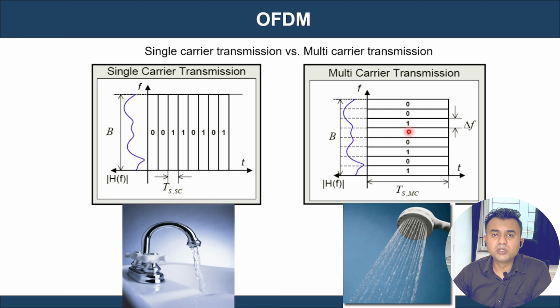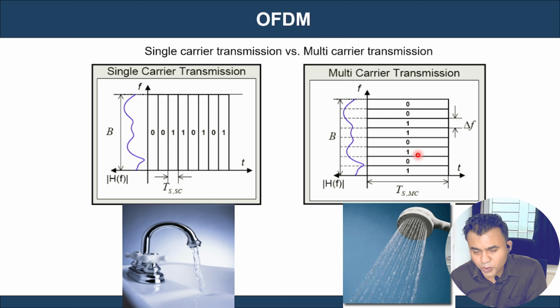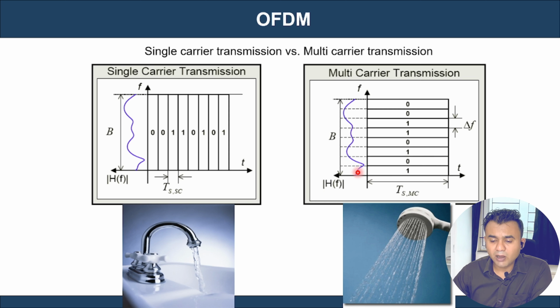If you are using BPSK, 1 bit per symbol; if you are using QPSK, 2 bits per symbol; if you are using an advanced version, let's say 16 QAM, 4 bits per symbol, they'll be put on that particular frequency. Frequency 1 will transmit this particular symbol, frequency 2 will transmit this particular symbol. You can visualize this kind of a fountain.